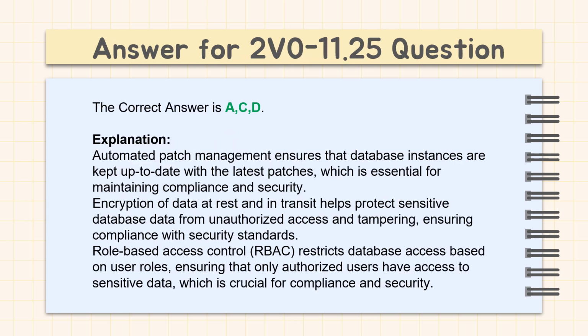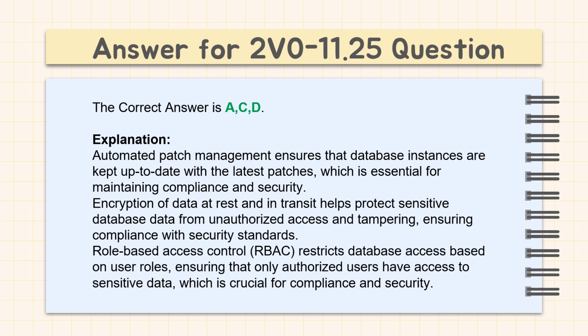The correct answer is A, C, D. Automated patch management ensures that database instances are kept up to date with the latest patches, which is essential for maintaining compliance and security.